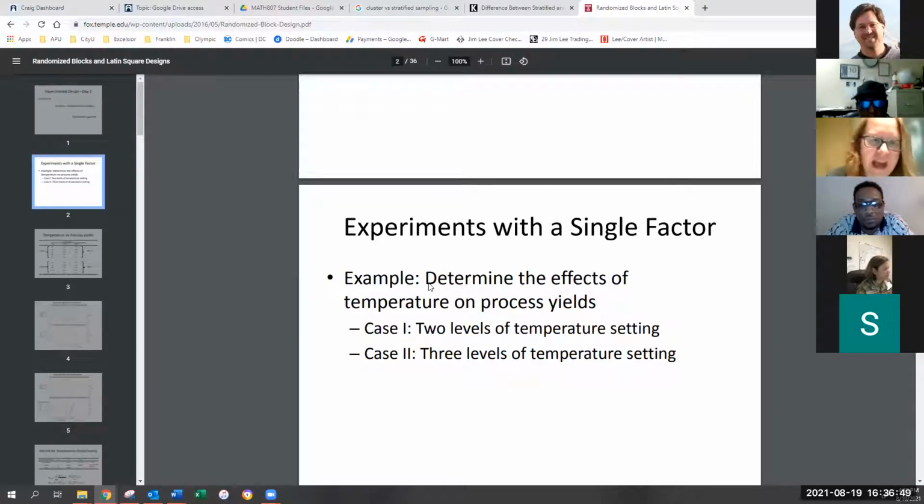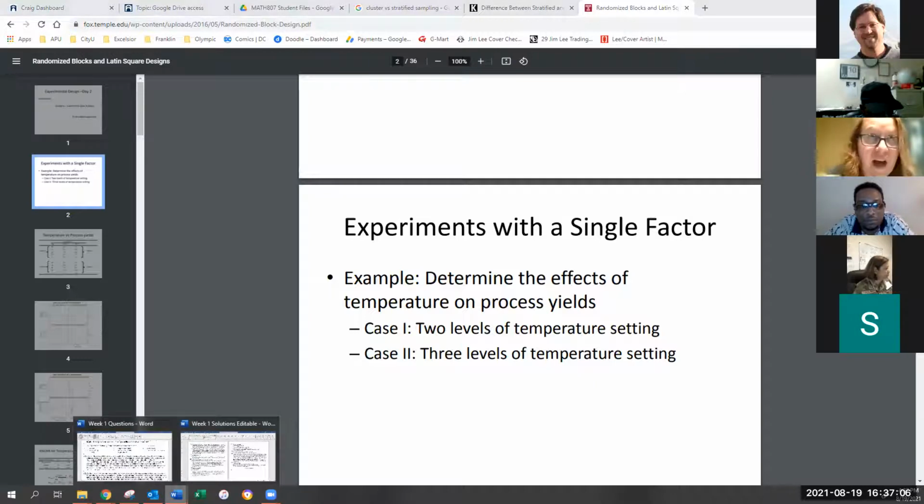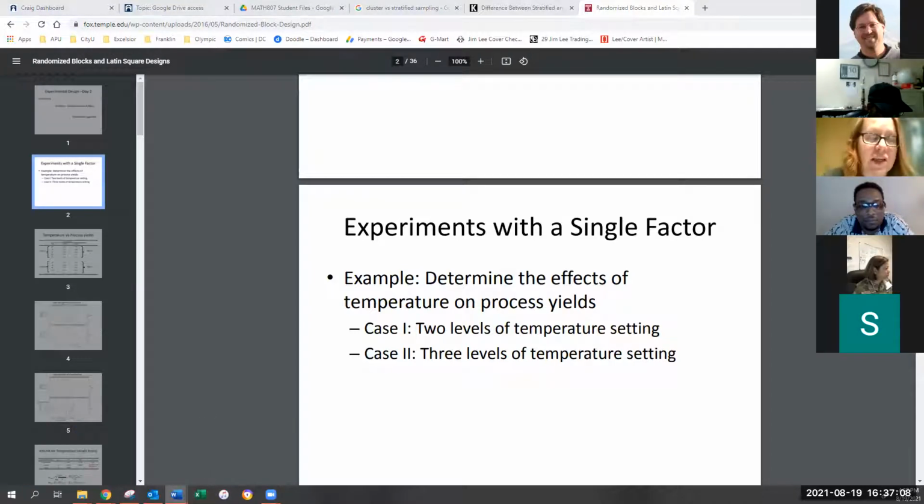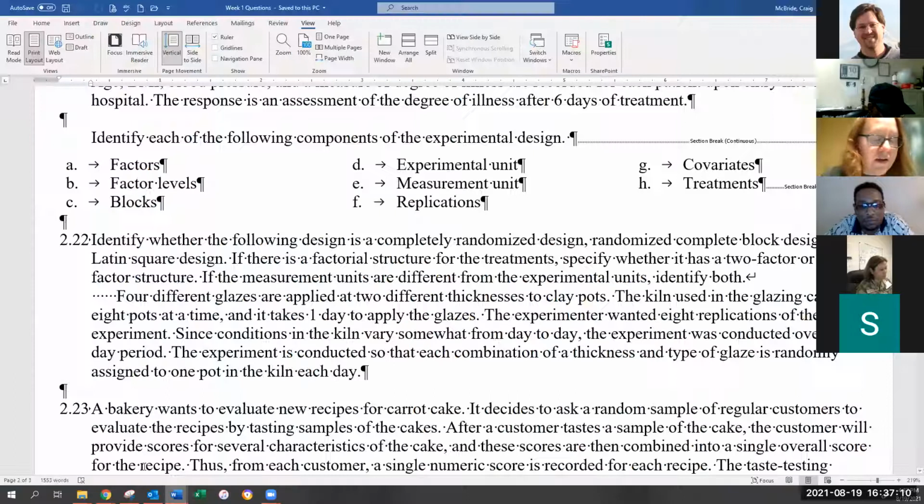With question number 21, it was blocked by hospital, because you were testing the drugs at each of 10 different hospitals, testing 2 wards with each drug at each of those hospitals.